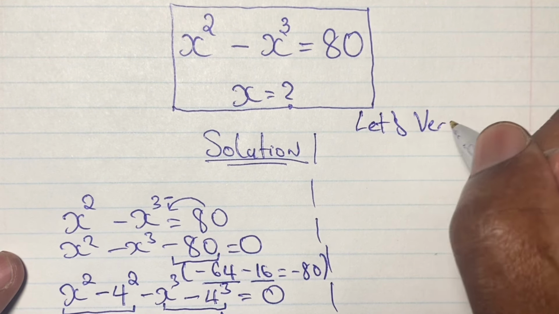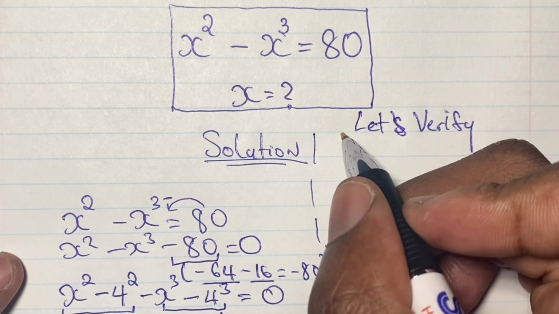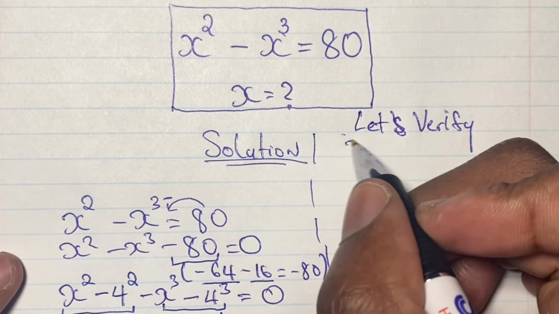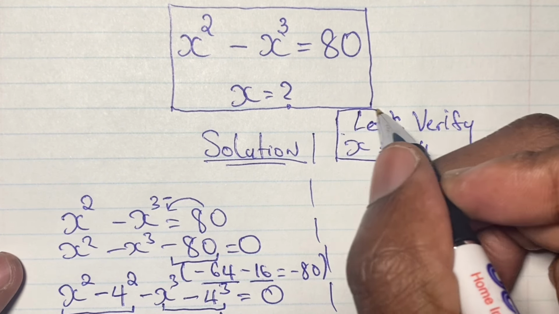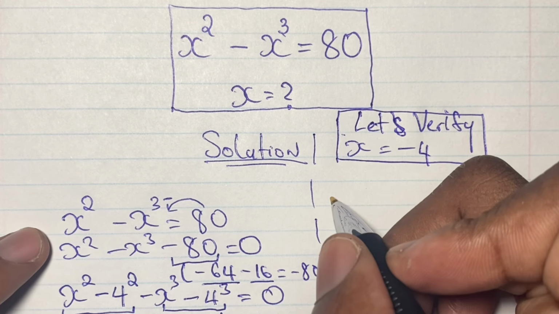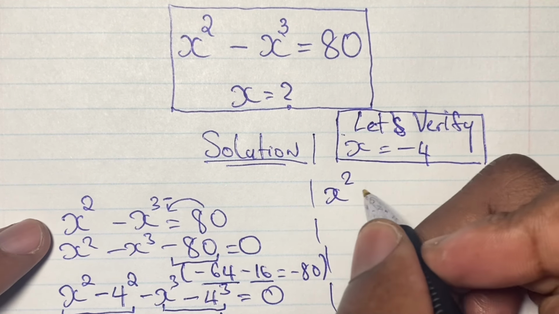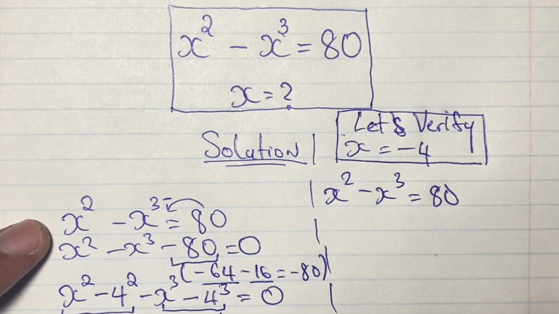So now let's see if we can verify our solution for x, where we said that x is equal to negative 4. So our equation was that x squared minus x cubed is equal to 80.